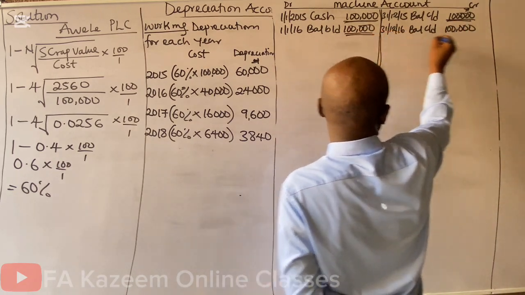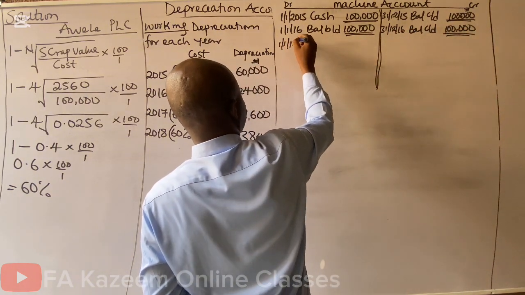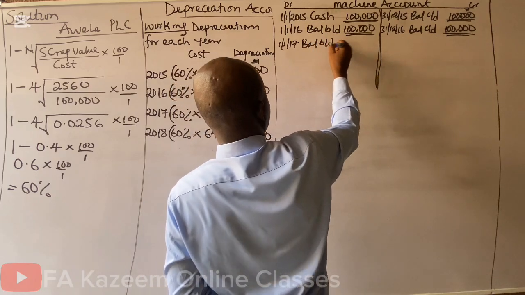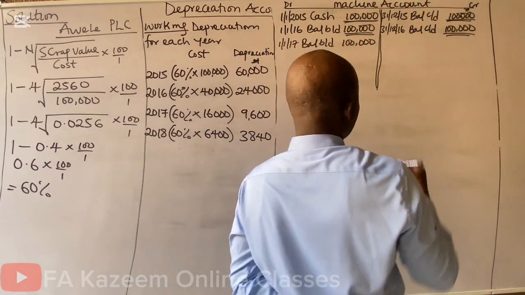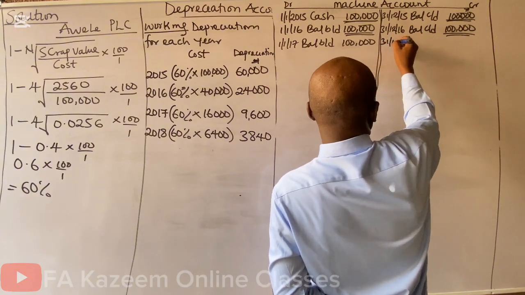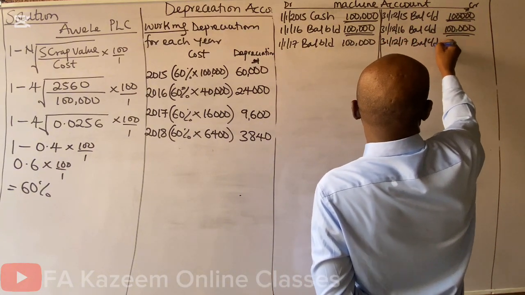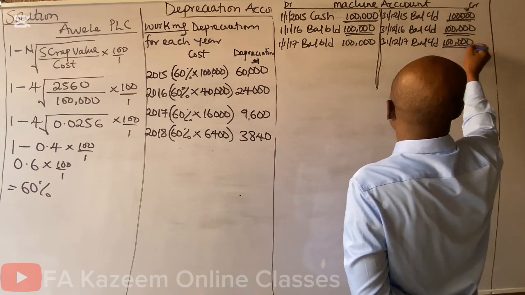That's end of second year. We go to the third year, first 2017, balance brought down, the asset is still existing, 100,000. At the end of 12 months, 31st 12, 2017, balance carried down, 100,000.